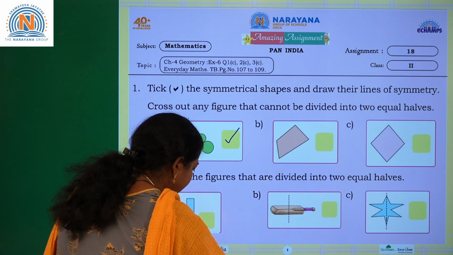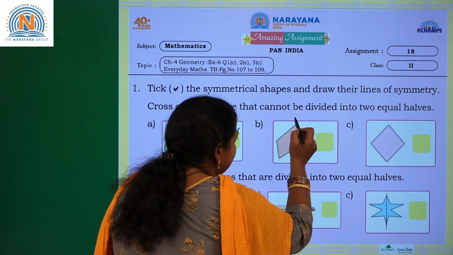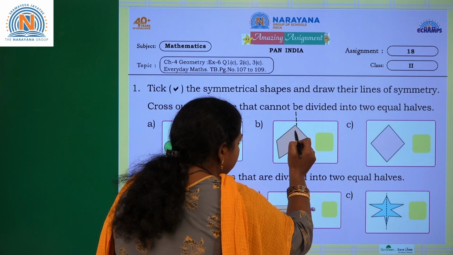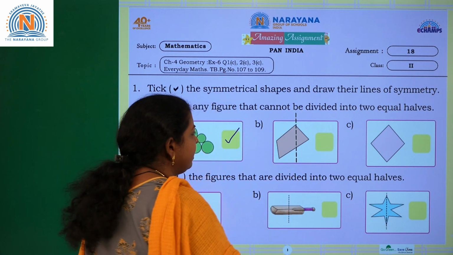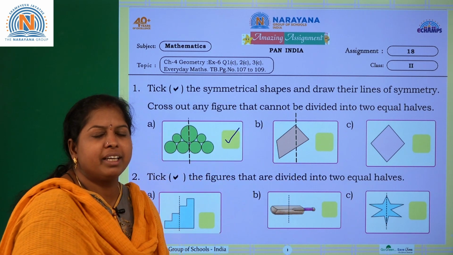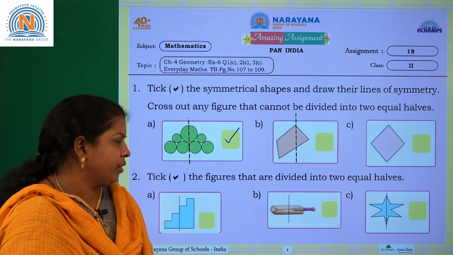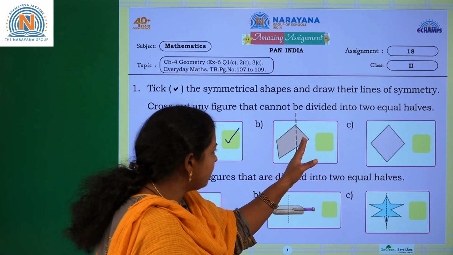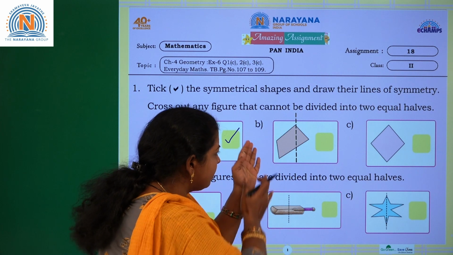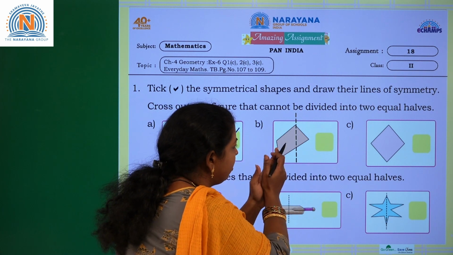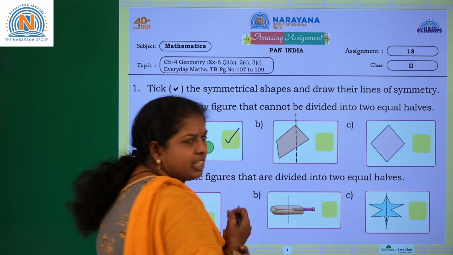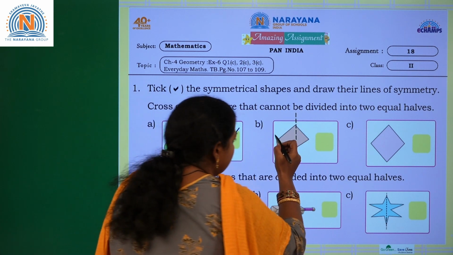Wherever you can draw a symmetrical line, there if you are able to divide that figure into two equal halves, then only you can say that that figure is symmetrical. Is it possible here? This side triangle looks small and this is somehow different, right? So both sides are not equal if I divide with this line. Let me check horizontal line also.